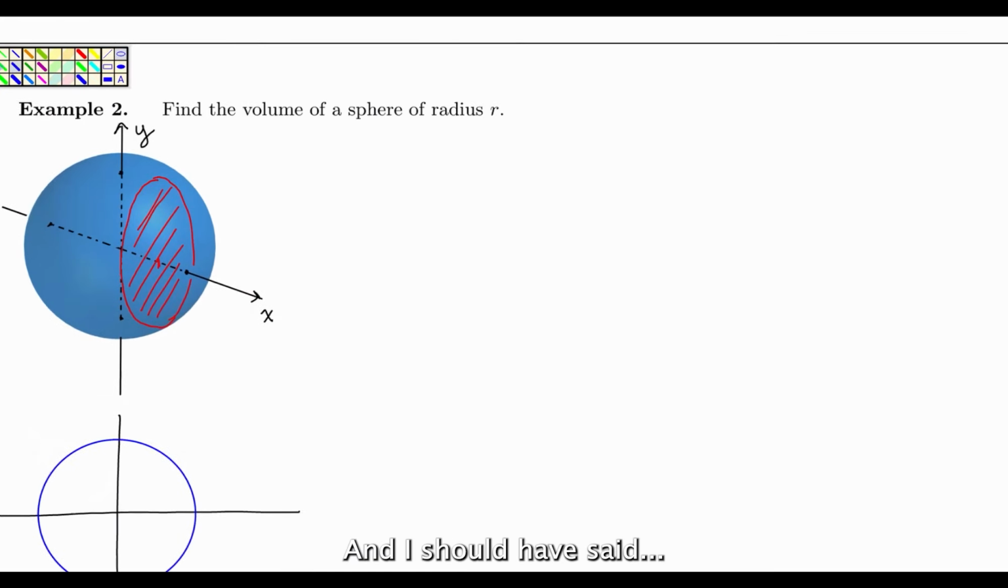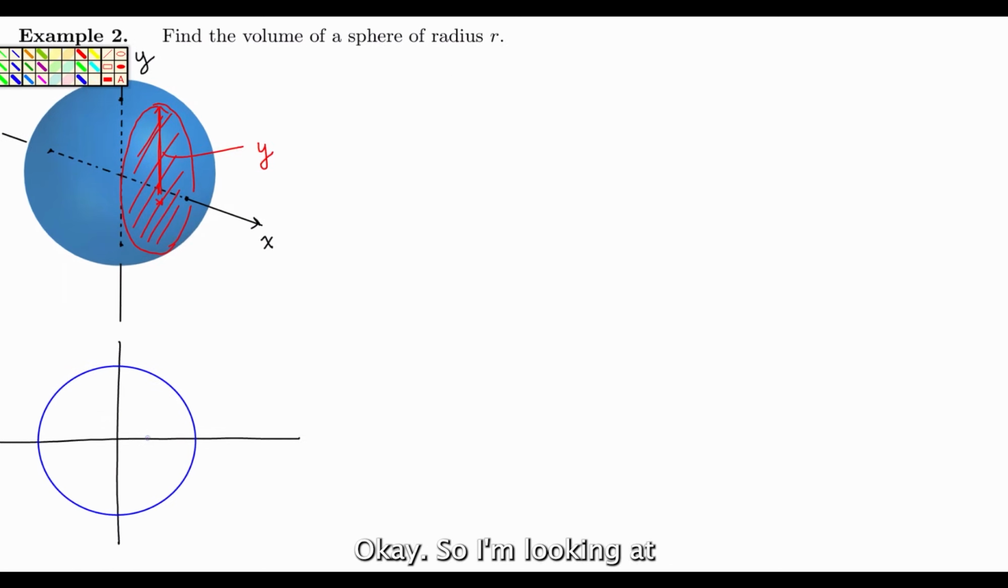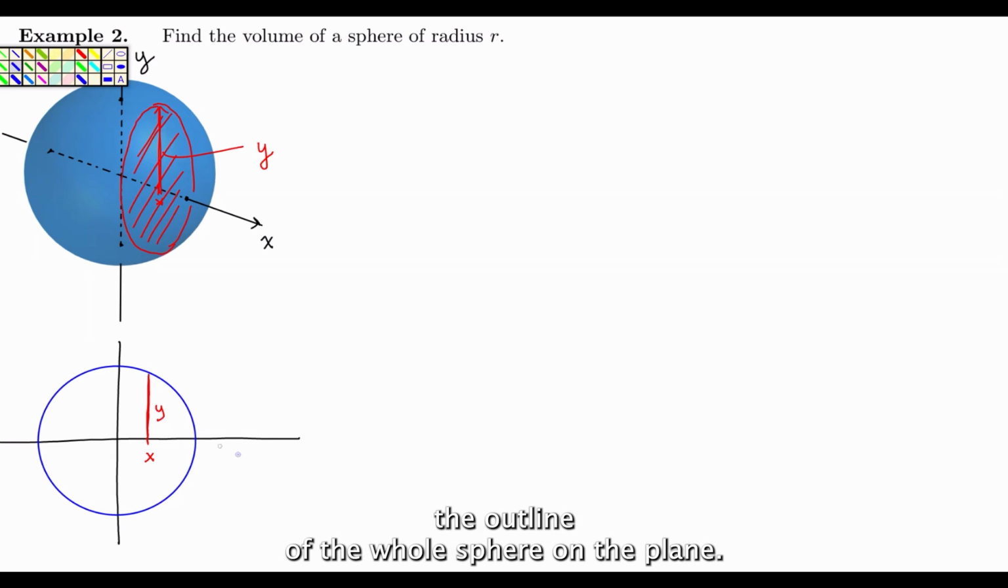And I should have said, so at this particular x value, the radius is going to be the y coordinate. Okay, so I'm looking at some particular x coordinate, my radius is the y coordinate. Okay? So this blue circle is meant to be the outline of the whole sphere on the plane.